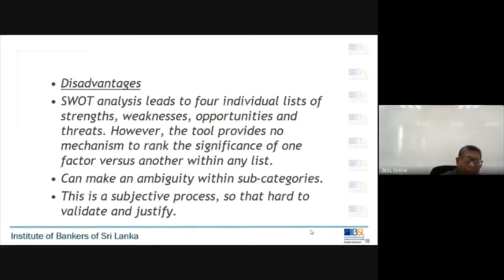Right? What are the disadvantages? The simplicity itself is a disadvantage, and SWOT is not prioritized. Now, I told you, a SWOT is a snapshot. It's like a balance sheet of an organization. Why do I say it's a balance sheet? It tells you the financial position of the organization at any given point.